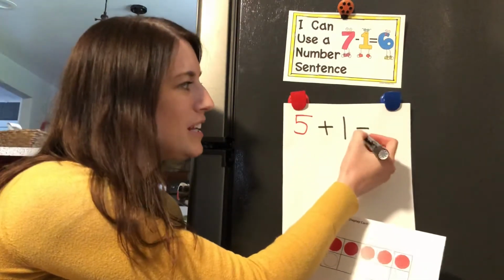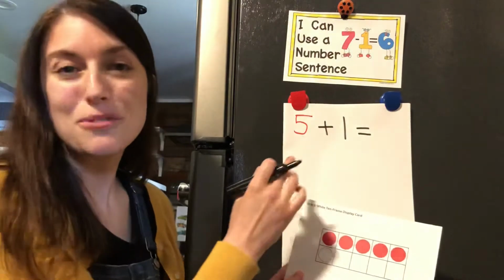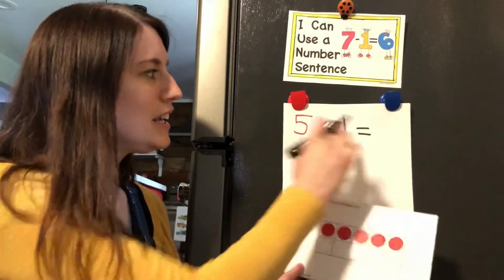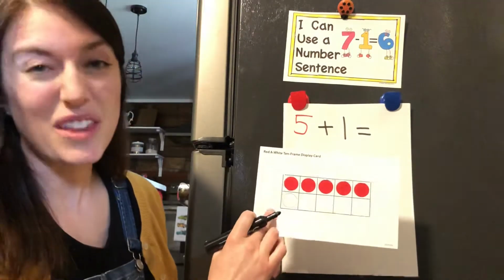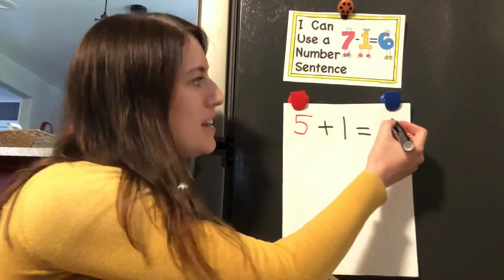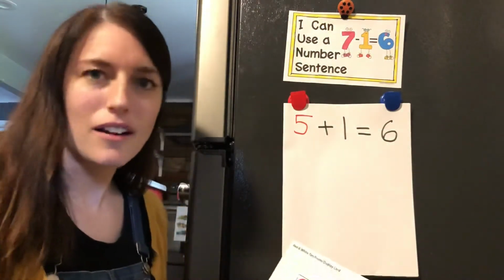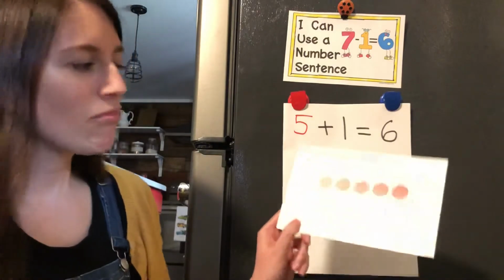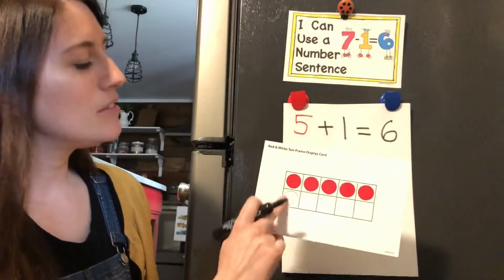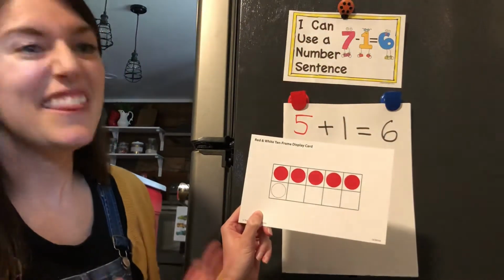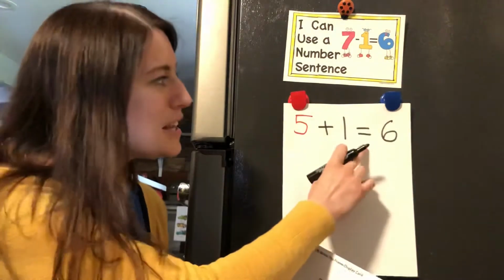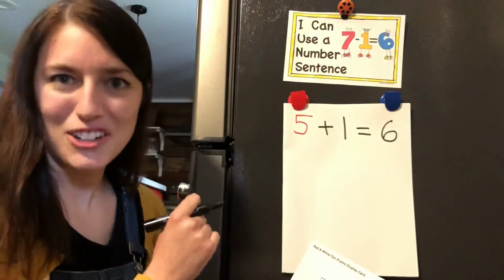Then I'm going to write that equals sign. Remember, that also means the same as. So 5 plus 1 equals, and I know that's 6 because it's 5 plus 1 more. So I can write 6 right there, okay? So I wrote how many reds, and I wrote how many whites. And then I wrote equals, that's all together, is the same as 6, okay?